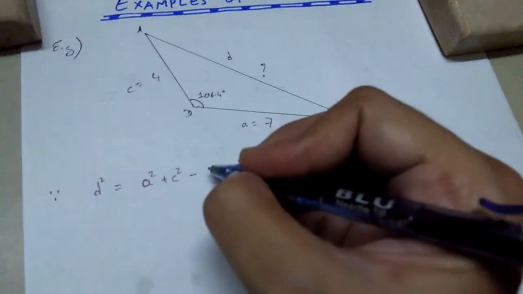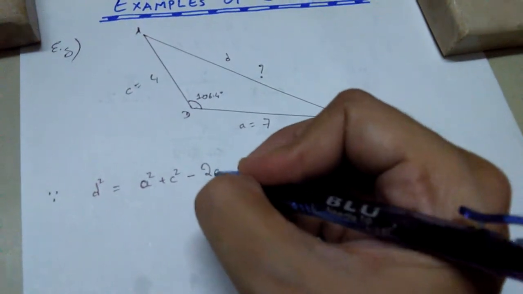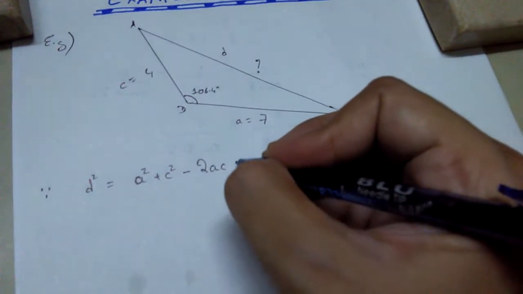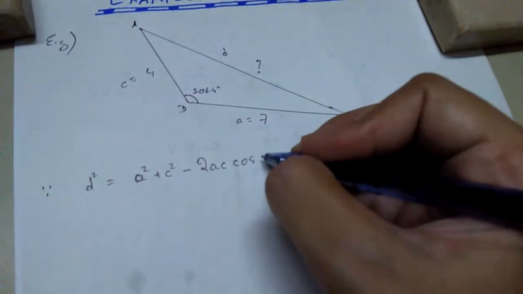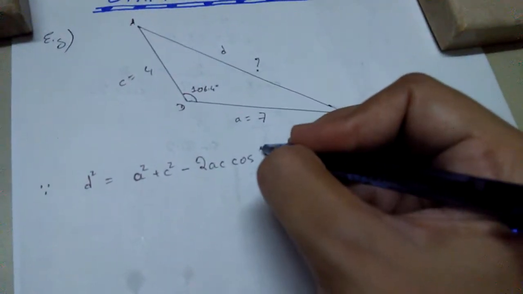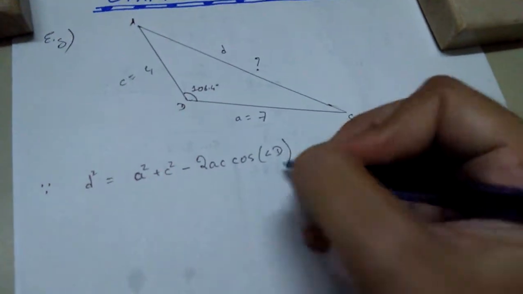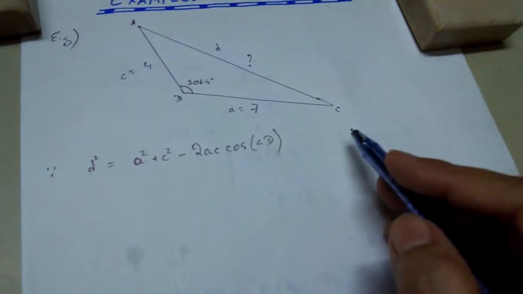Then you subtract 2 times their product and the cosine of this vertex D or angle D. That's the formula you're going to use.